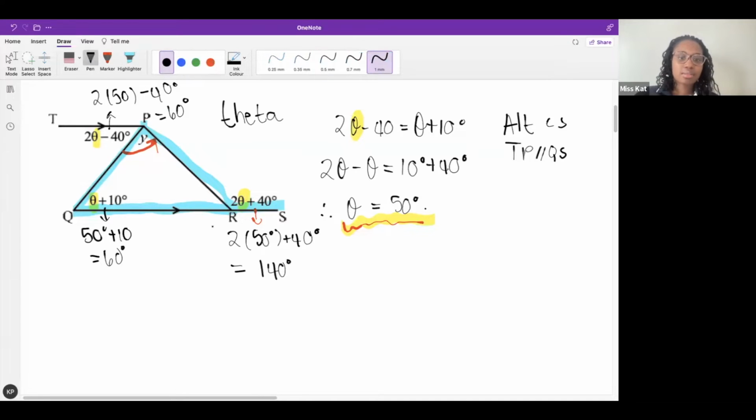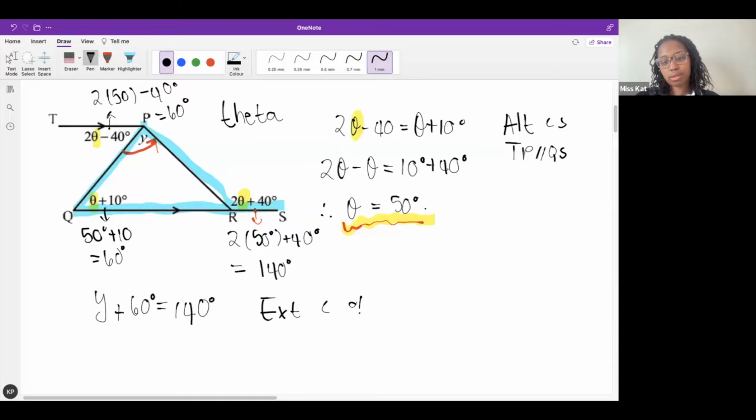We know that angle is 140, right? It was 140 degrees because it's the exterior angle of a triangle. That would be correct, because that means y will be 140 minus 60. Therefore, y is 80 degrees.